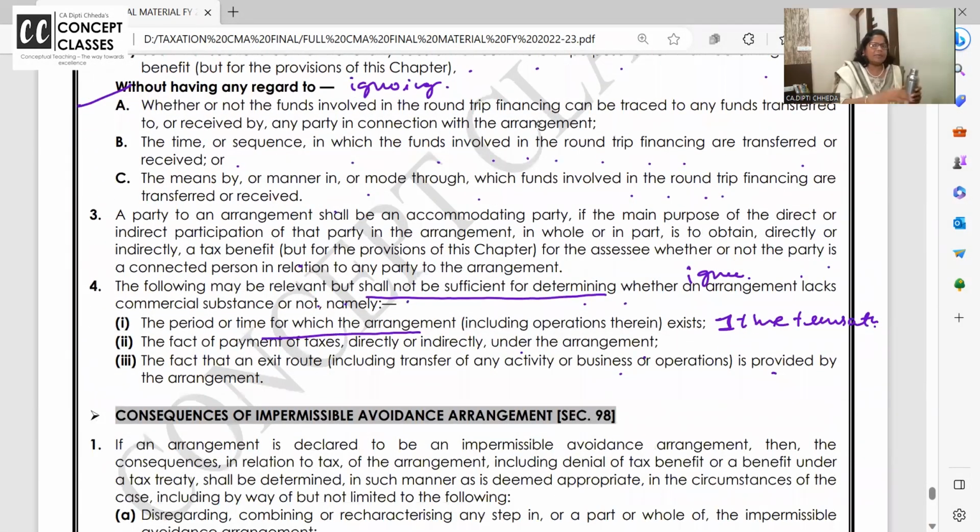Round tripping भी आएगा, सब आएगा, but it doesn't matter कि ये कितने बार हो रहे हैं transaction.